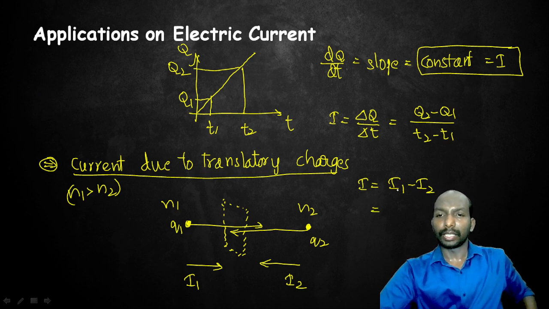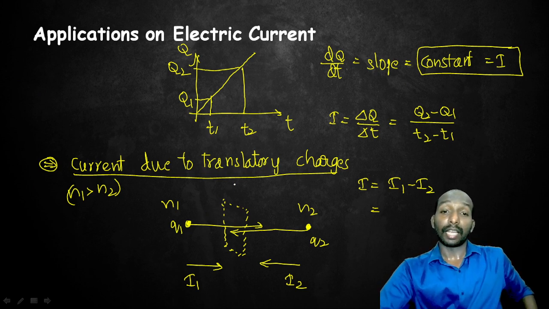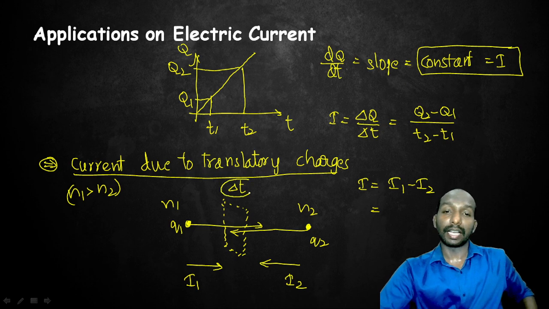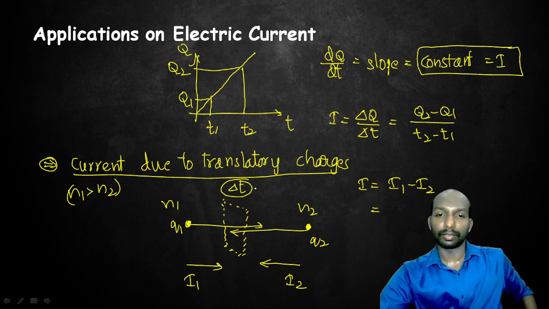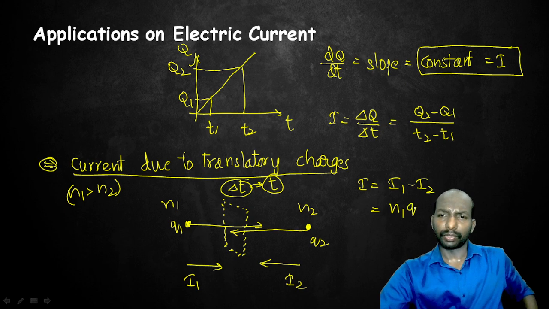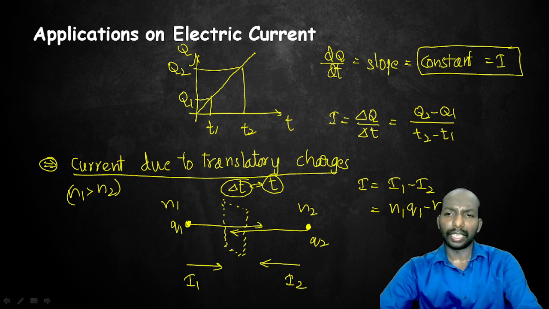Here I1 means the strength of the current due to the q1 charges. I am taking the time taken to cross as delta t, or simply t. Now I1 equals the amount of charge n1 q1 by time taken t, minus I2, which is n2 q2 by t.